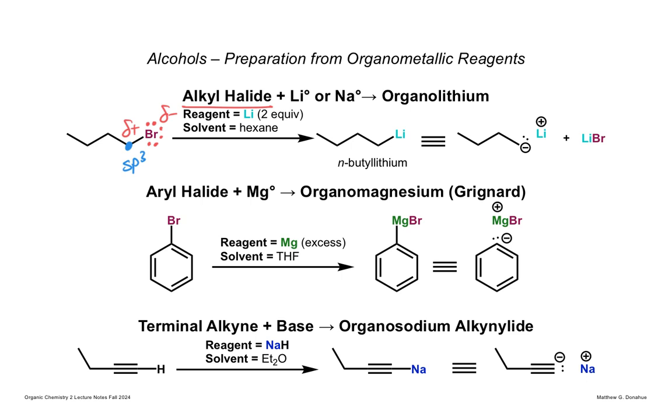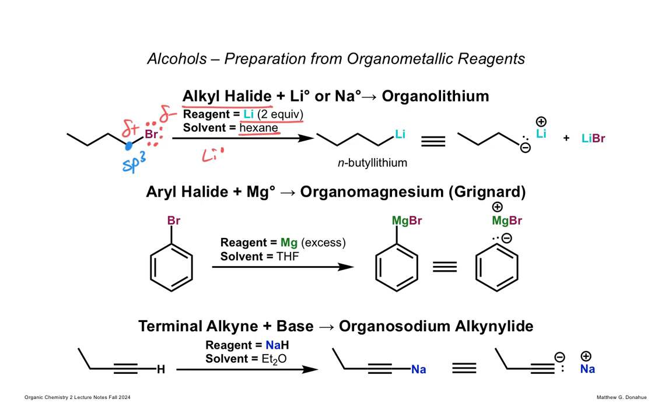If you treat that with lithium metal in hexane, lithium 0 has an electron it wants to give up. And so you use 2 equivalents of that.